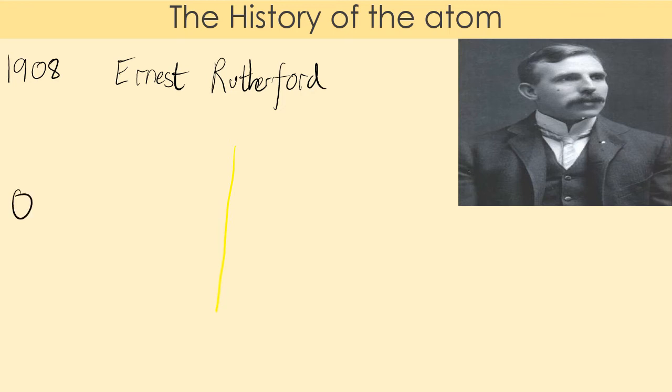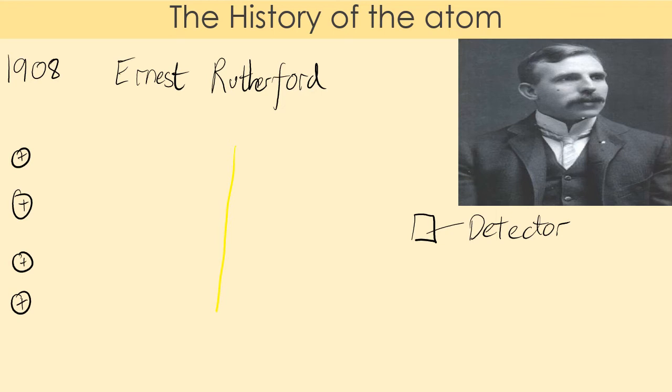Those positive particles we now know to be an alpha particle, or the helium nucleus. And they put a detector on the other side to see how many came through. Now, if Thomson's model had been correct, they were expecting all of them to pass through.